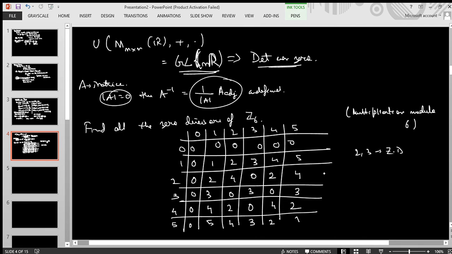Here we have 0 again, and 2 and 3 we have already written. Here we have 0, so 4 and 3 are zero divisors. So these are the zero divisors we will be getting.